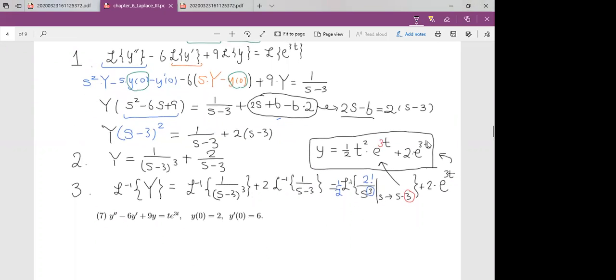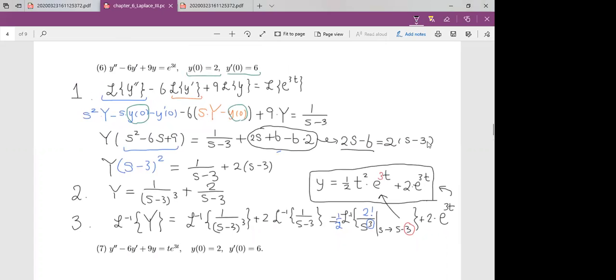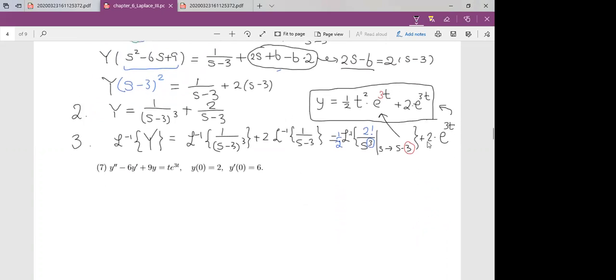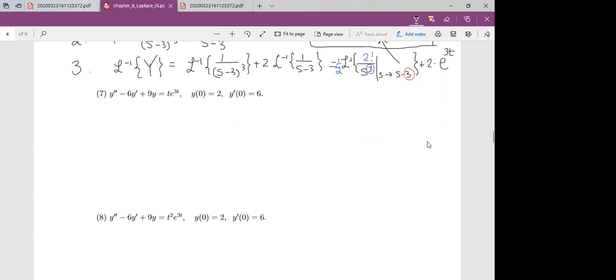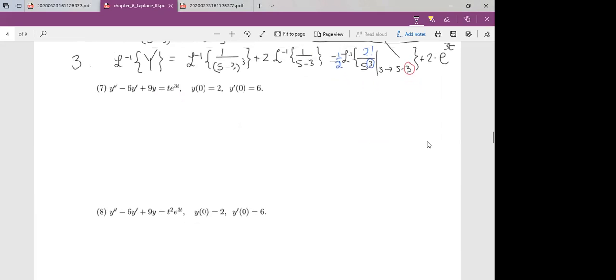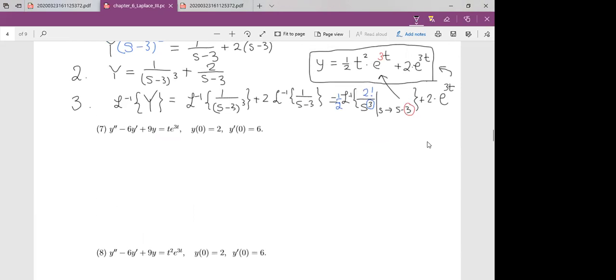The right-hand side is also similar: e to the 3t, t e to the 3t, and t squared e to the 3t, with the same initial condition. All 3 problems are very similar. The only change is you multiply a copy of t to e to the 3t and then t squared to e to the 3t. So the solutions will be slightly different. It should be fun to compare the results.